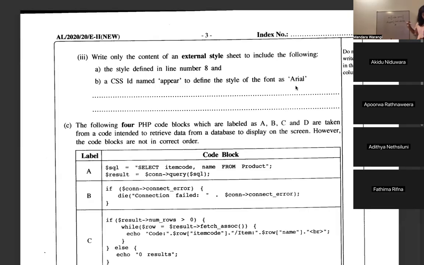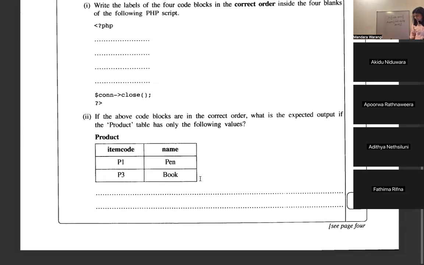You can write it in a single line. Right. I think you got an understanding about this part. So we are done with the first question, part A and part B.